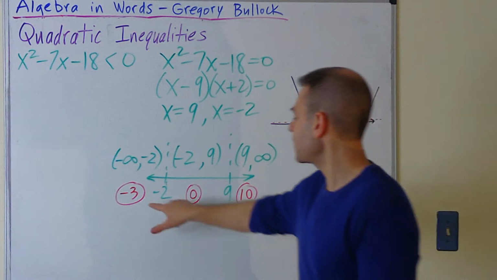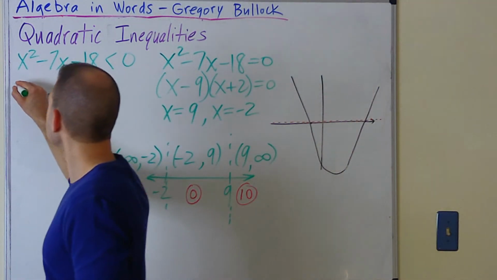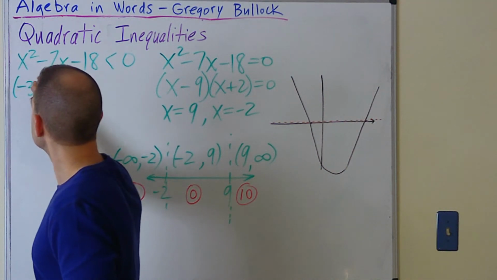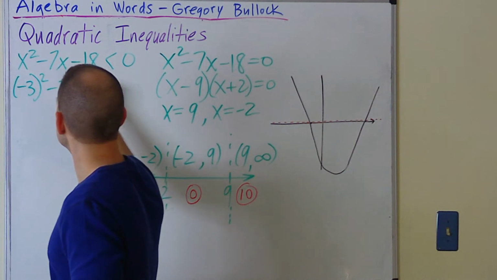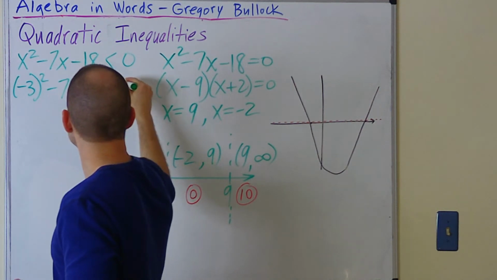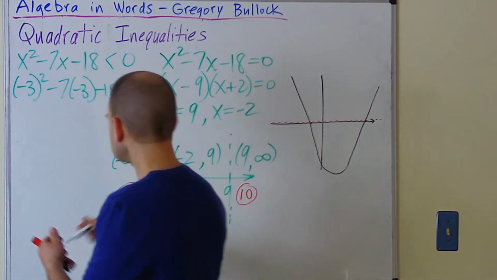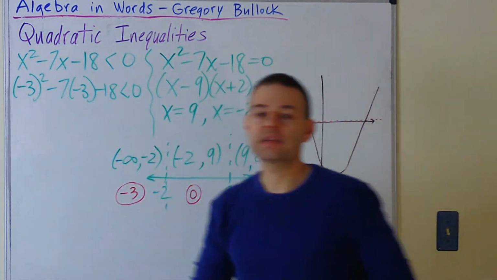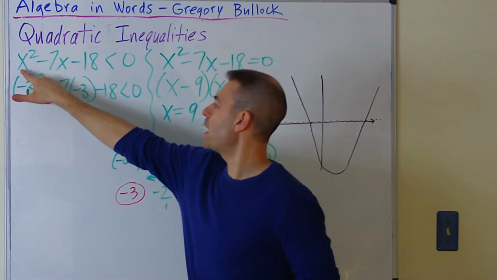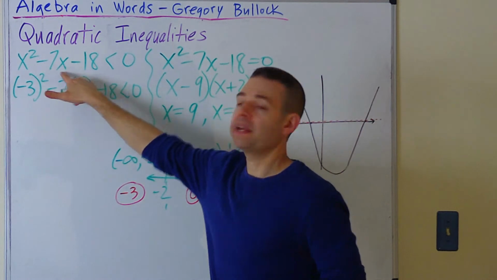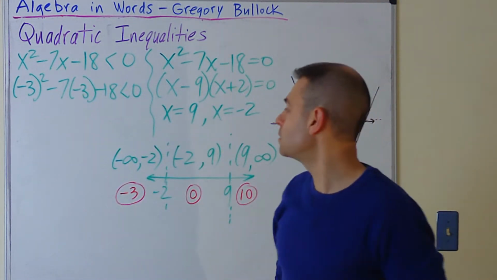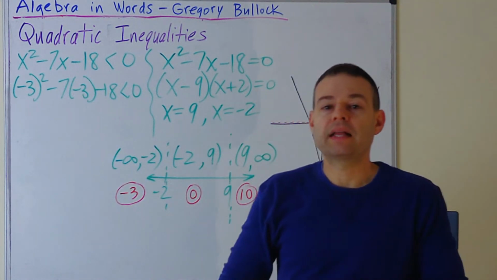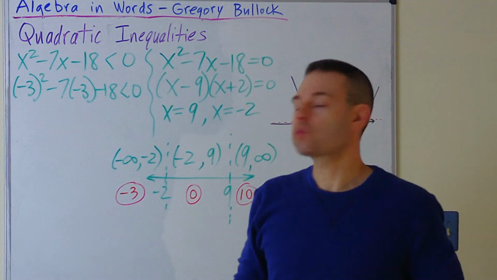So starting with negative 3, I substituted negative 3 in for x in x squared, and into the 7x. And now let's simplify. Negative 3 squared is 9.